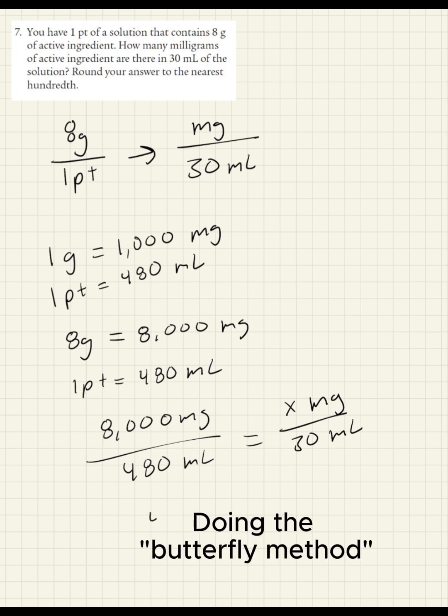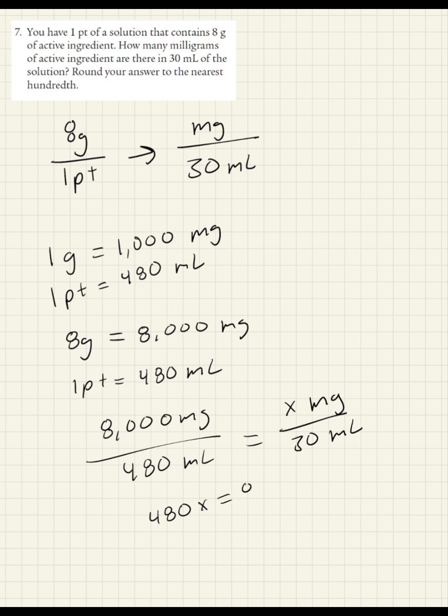And so then we have 480x is equal to 8,000 times 30, which is equal to 240,000.